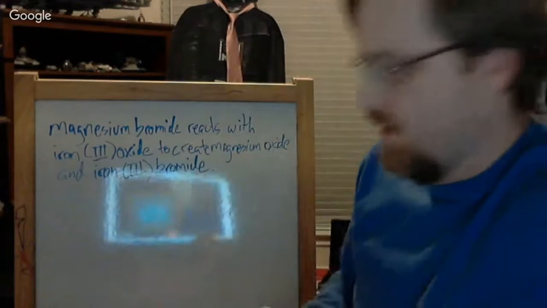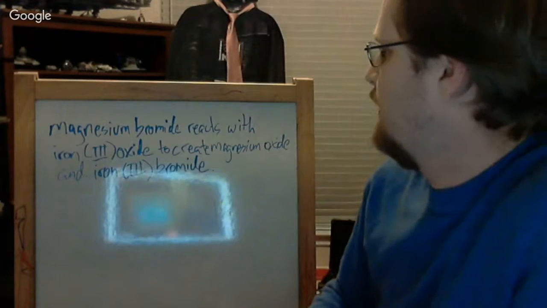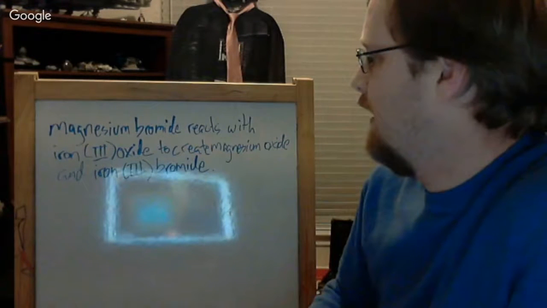All right, so there we go. Magnesium bromide reacts with iron 3 oxide to create magnesium oxide and iron 3 bromide.